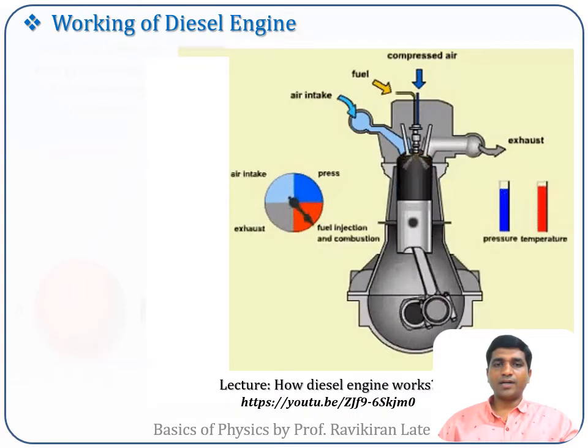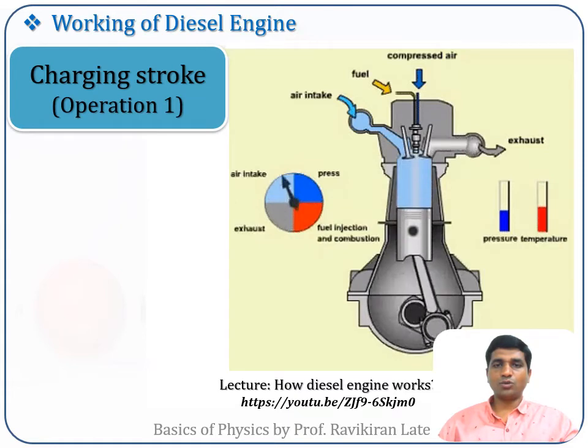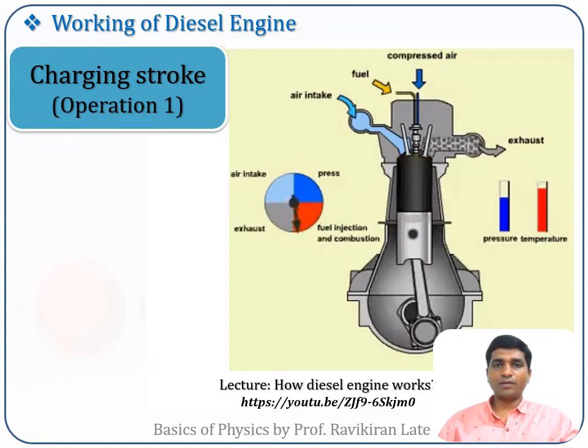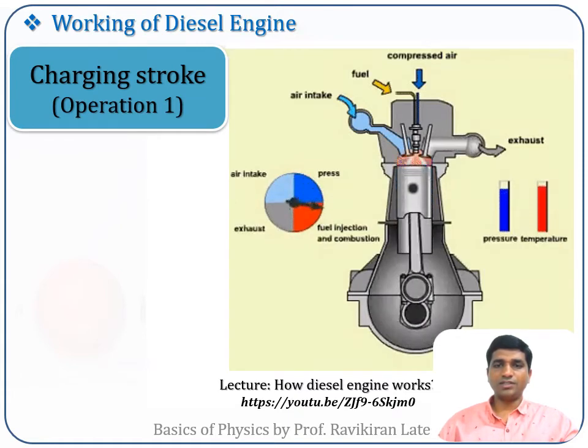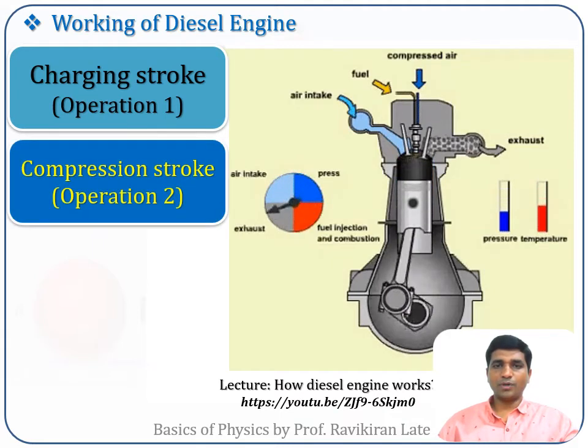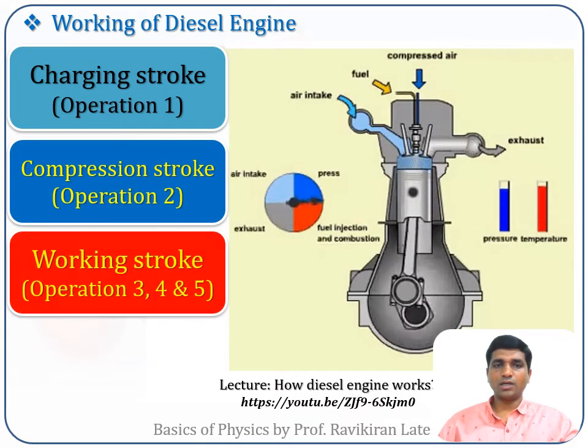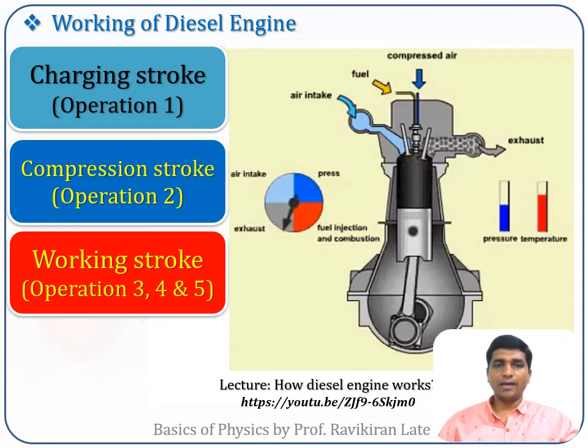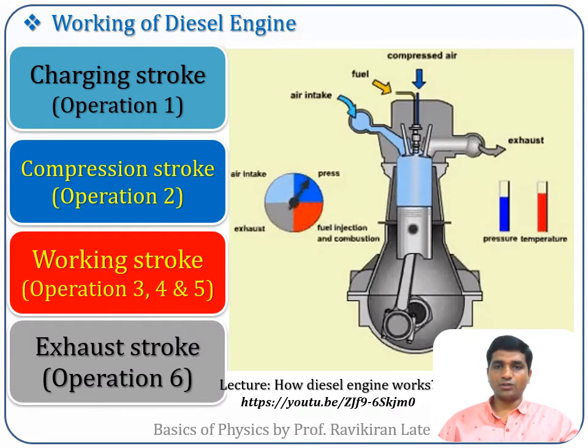Now, for your better understanding, I have shown over here a schematic of a diesel engine, which shows the four cycles. The first one is the charging stroke, the second one is the compression stroke, which is shown with a blue color, the third is the working stroke, which is shown with a red color, and the last one is the exhaust stroke.